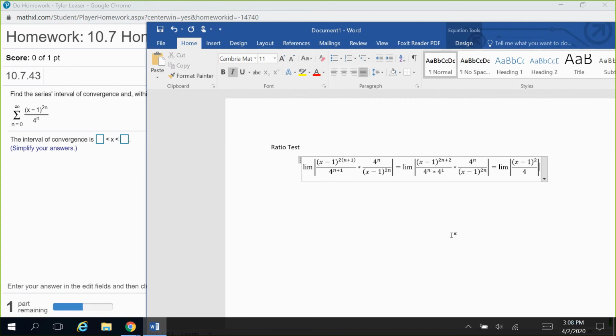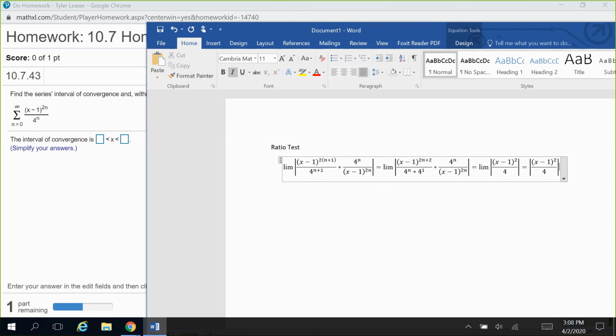There are no more n's left over, and your limit was going from n to infinity. So this is just a constant with respect to n, which means we can drop the limit at this point, and it's just x minus 1 squared all divided by 4.